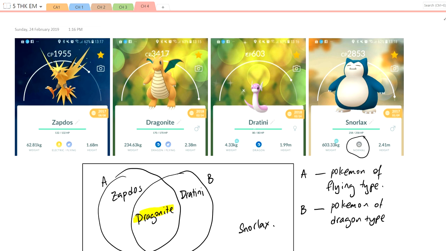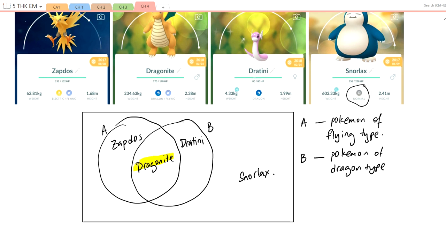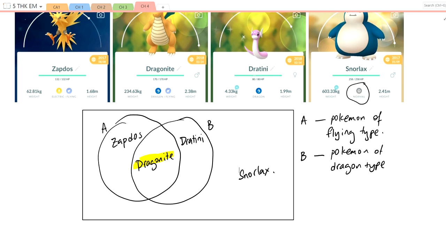And this is actually a Venn diagram. Okay, inside this rectangle with these circles and names representing them, and all these Pokemon that are found inside, let me highlight all of them yellow, they are known as elements.